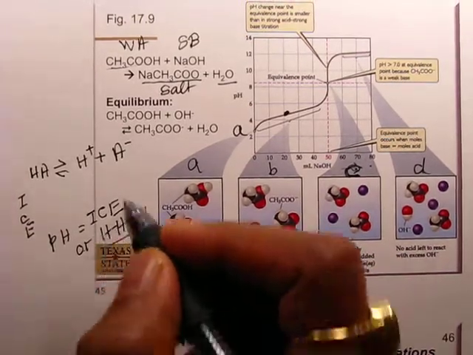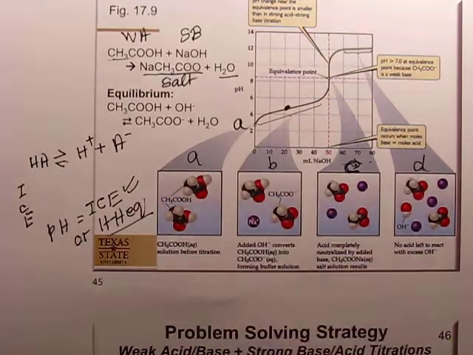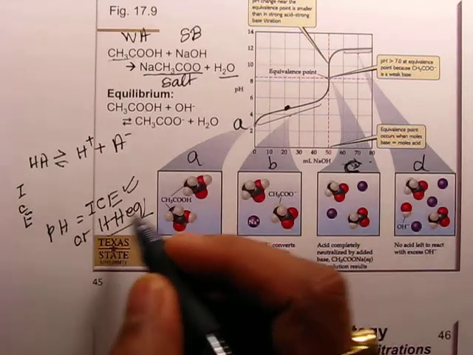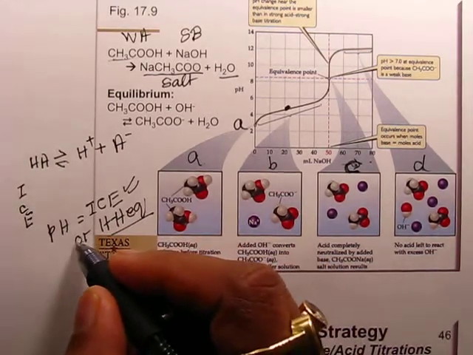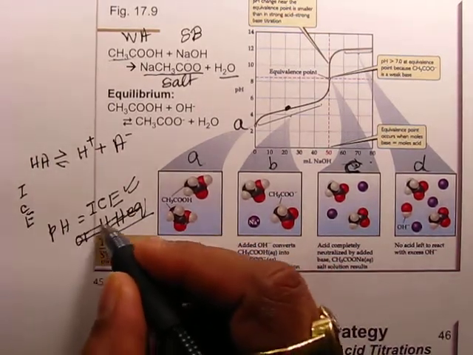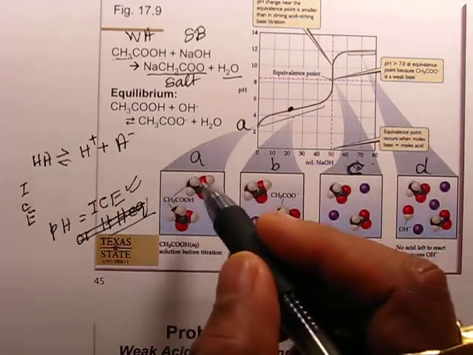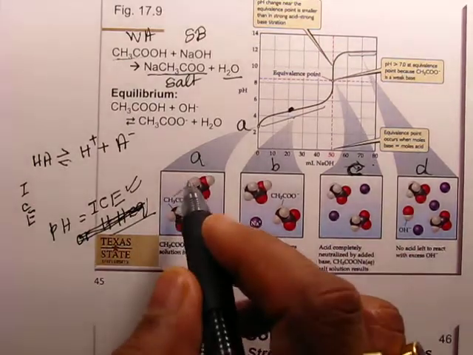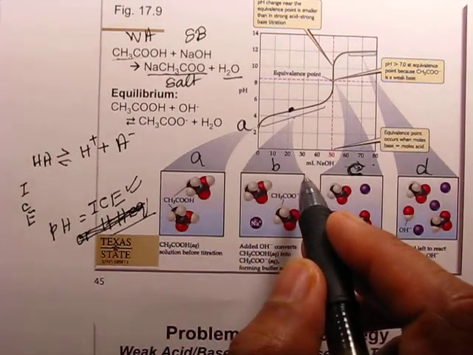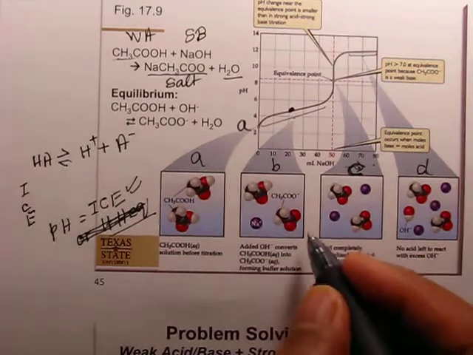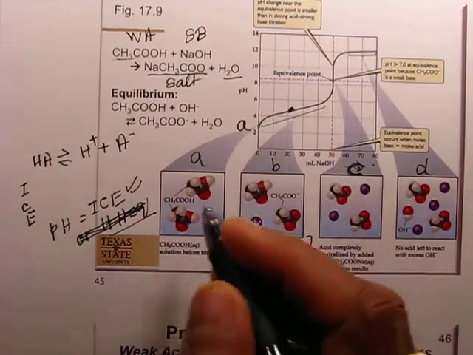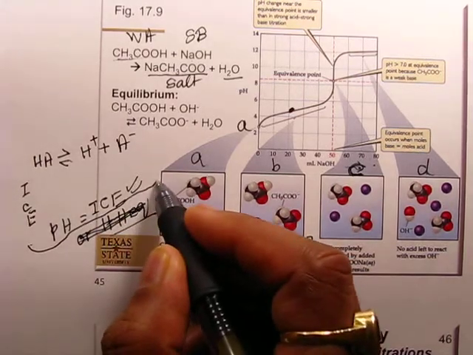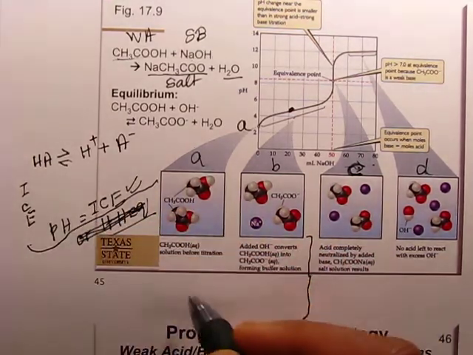But mostly the ICE chart is preferable. At this condition we are not going to use Henderson-Hasselbalch, because there is no salt, so we cannot use this equation here. We can use the Henderson-Hasselbalch equation at the B condition. So let's see what is going on in B. Here we have only acetic acid, and the pH we calculate based only on the ICE chart.